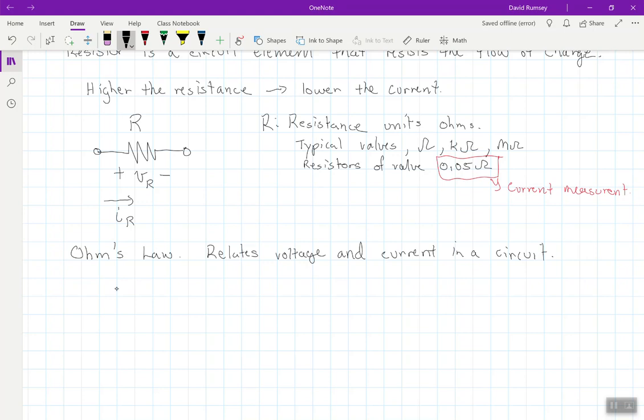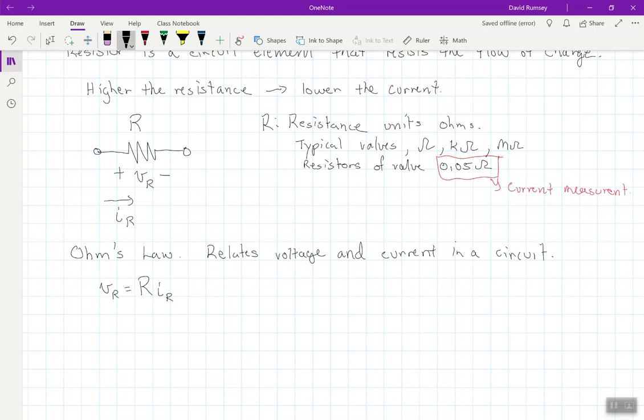Well, let's look at the equation here. This is it. The voltage across a resistor, V sub R, is equal to the resistance, R, times the current going through it, I sub R.